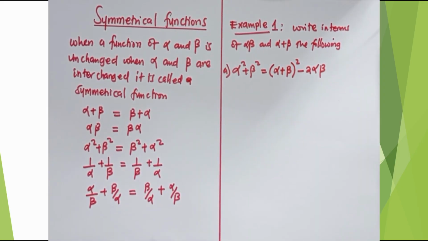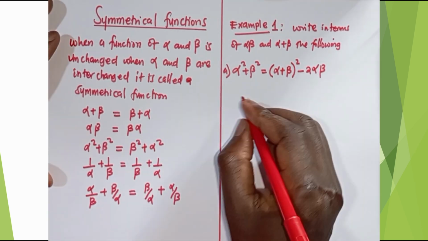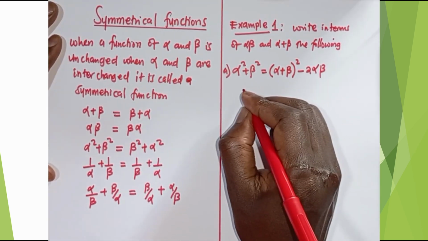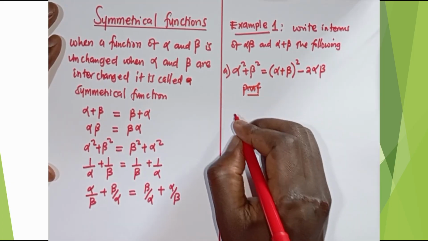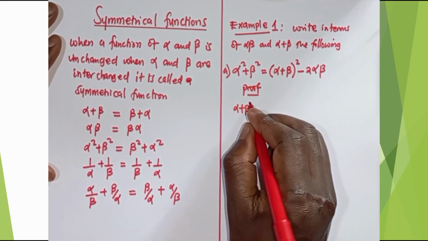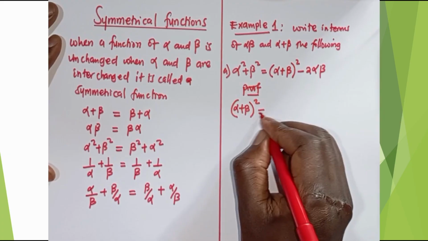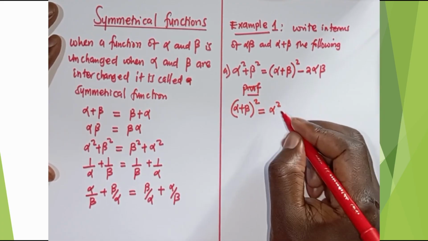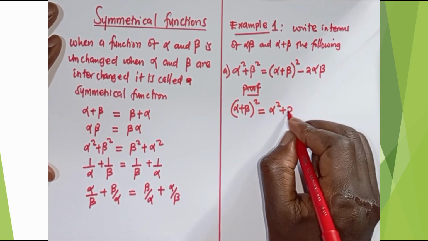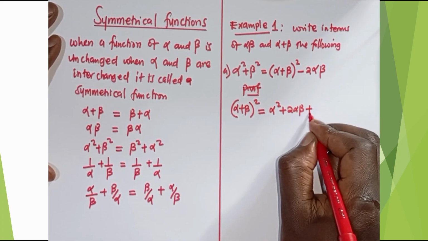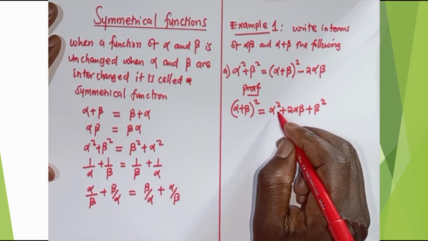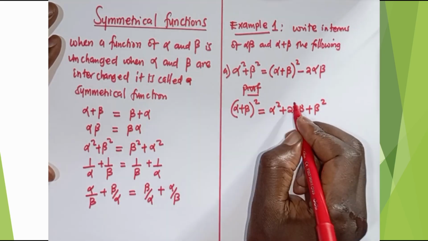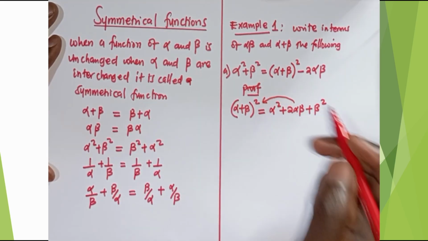So this one can be obtained. Where do you obtain it? We know that alpha plus beta square, when you expand this, is alpha square plus 2 alpha beta plus beta square. Now, if we want to make alpha square plus beta square the subject, we shall have to take the other side.